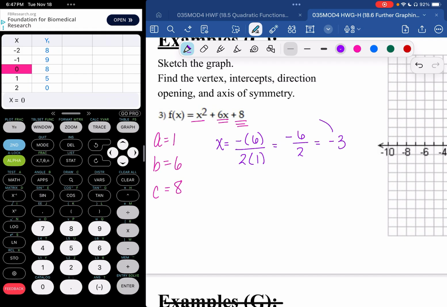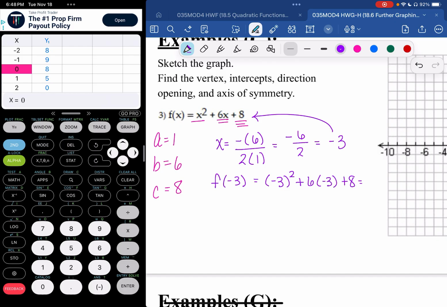And remember, to get the y value, I'm going to plug that in. So f of negative 3, I've got negative 3 squared plus 6 times negative 3 plus 8. Again, you're welcome to use your calculator for that. So negative 3 squared plus 6 times negative 3 plus 8.